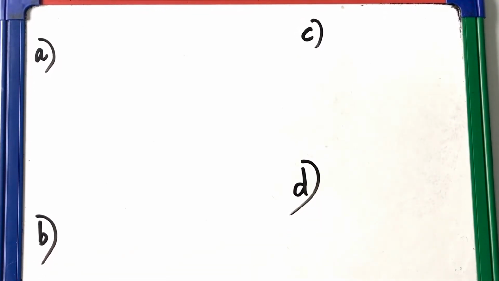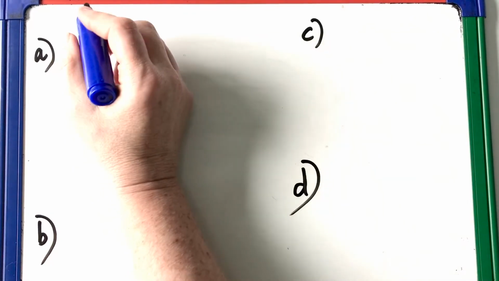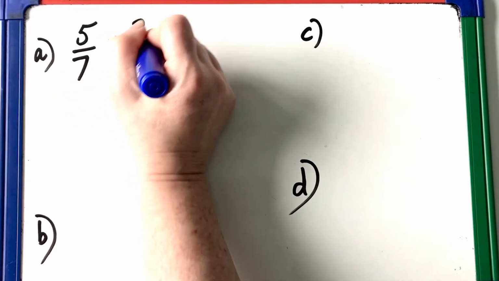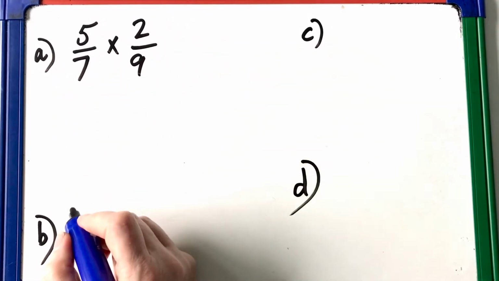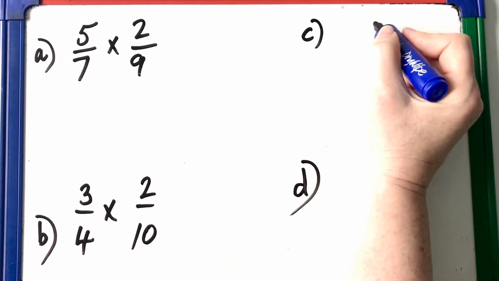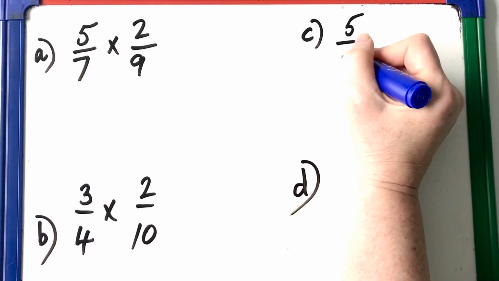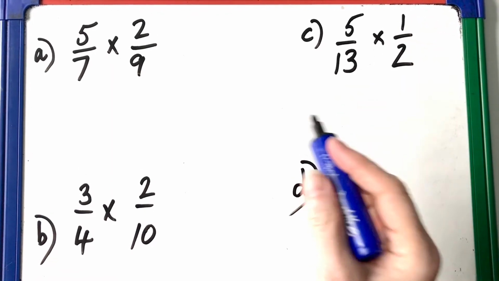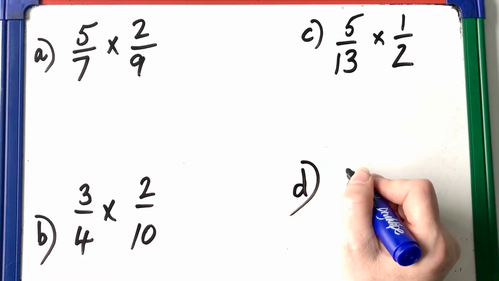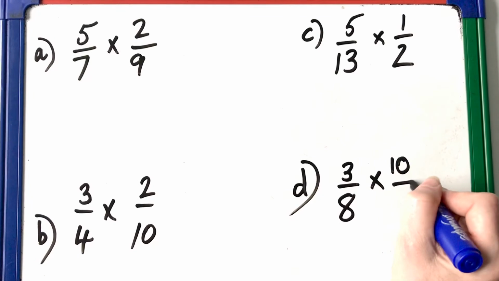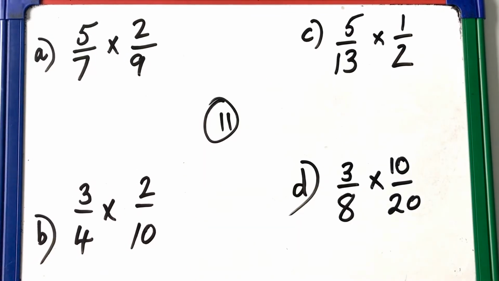You can pause the video for as long as you need to, but multiply out these proper fractions. 5/7 times 2 ninths, 3/4 of 2 tenths, 5/13 times a half, so a half of 5/13, and 3/8 times 10/20. Pause the video, take as long as you need or as short as you need, and have a go.